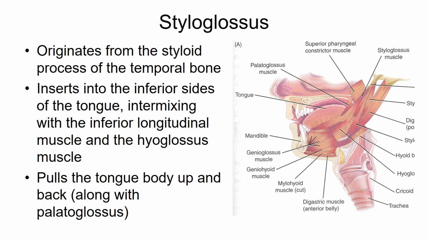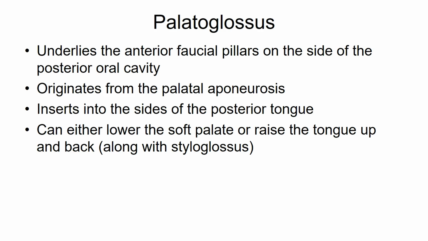The styloglossus muscle will support pulling the tongue body upward and backward, along with the palatoglossus muscle that has a similar course. The palatoglossus muscle underlies the anterior faucial pillars in the oral cavity, comes from the palatal aponeurosis within the soft palate, within the velum, and will be talked about again in the velum muscles.